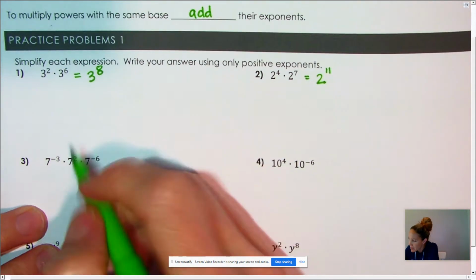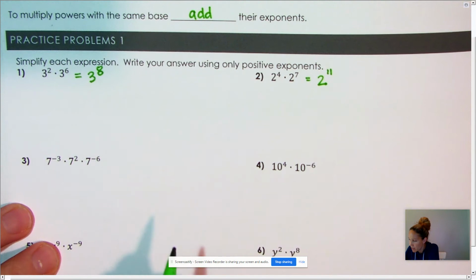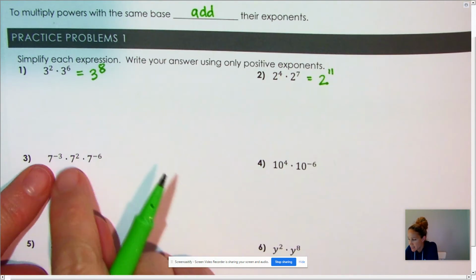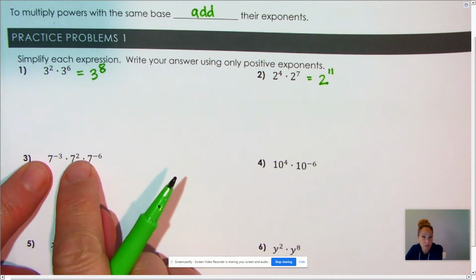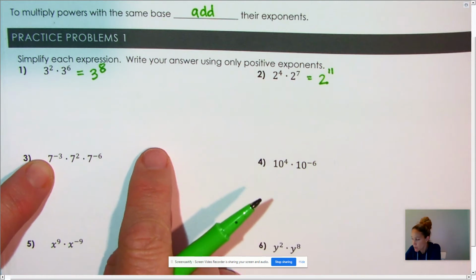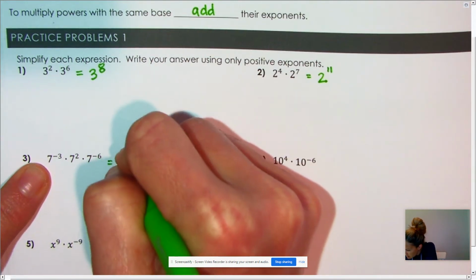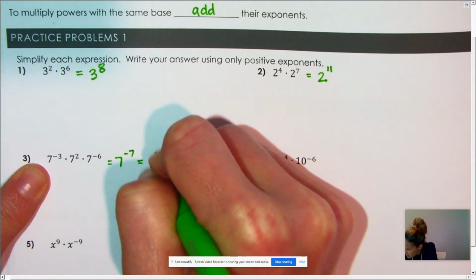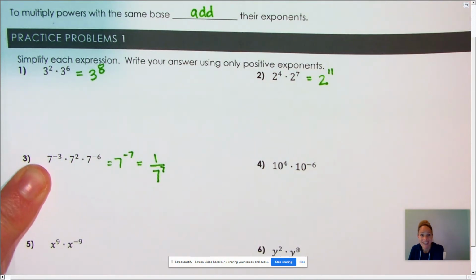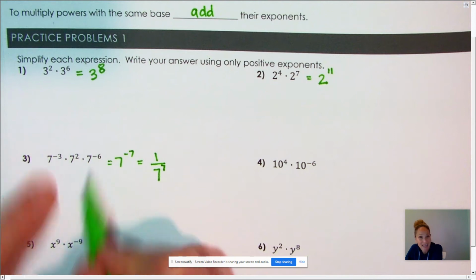Okay, this one, you can think about it 2 different ways. You could either just add these up to begin with. Negative 3 plus 2 is negative 1, plus negative 6 is negative 7. And so you could just say, oh, that equals 7 to the negative 7, which is the reciprocal of 7 to the positive 7. Another way to do it would be to get rid of the negatives first.